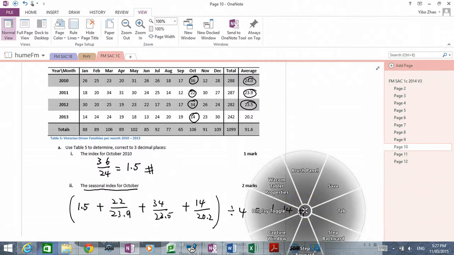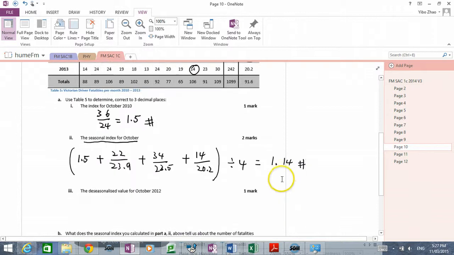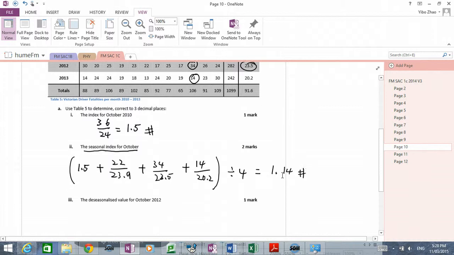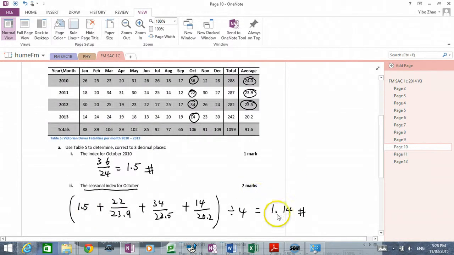Now, when we find the seasonal index as 1.14, you get 2 marks if you write this down.